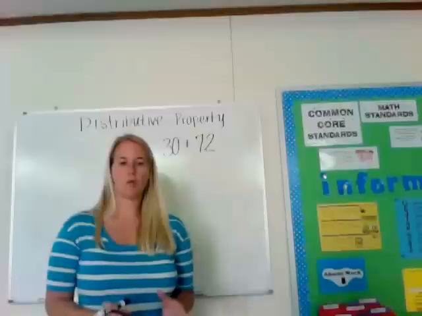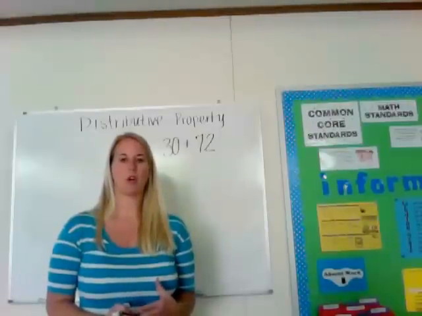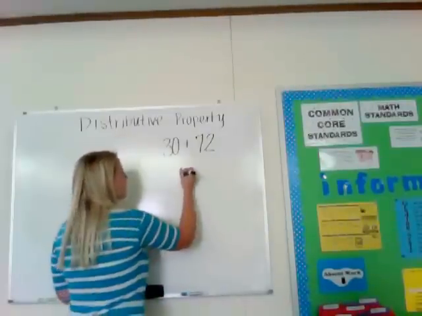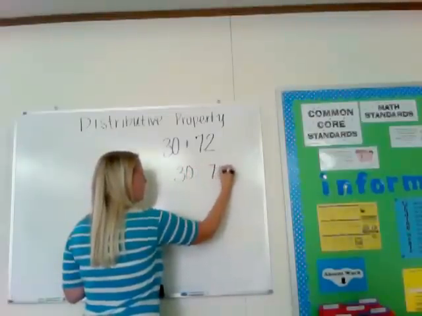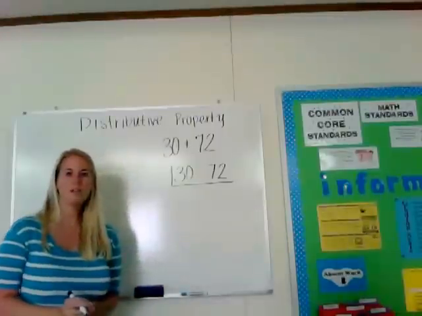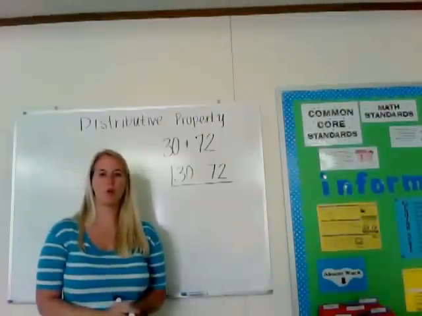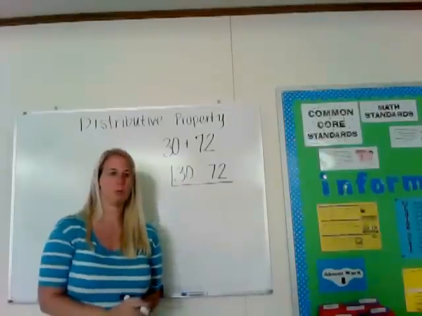We'll place both numbers inside our ladder and find a prime number that can go into both of them. So I need to find a prime number that can go into both 30 and 72. Since they're both even, I'm going to start with the number 2.